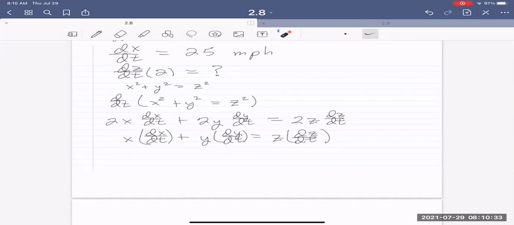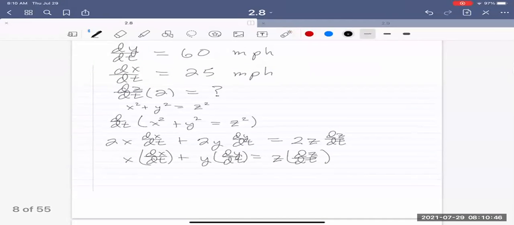So first thing to note is that since we are traveling at a constant rate, let's do the x first.